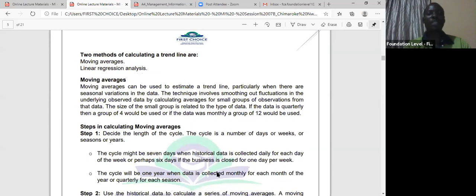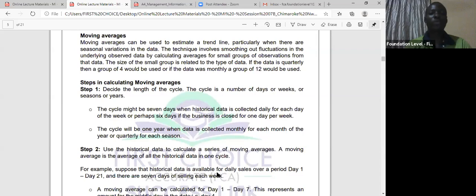Now in the moving average method, we said we'll decide the length of the cycle. When we decide the length of the cycle, it means that a complete cycle for 1 week could be 5 days, it could be 7 days, depending on what you have in mind.